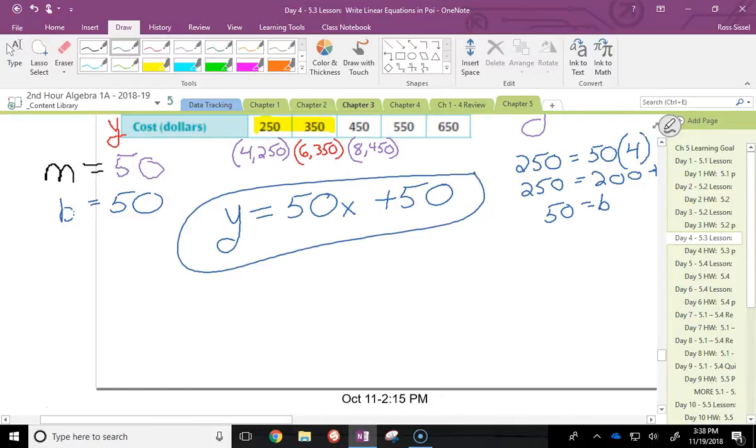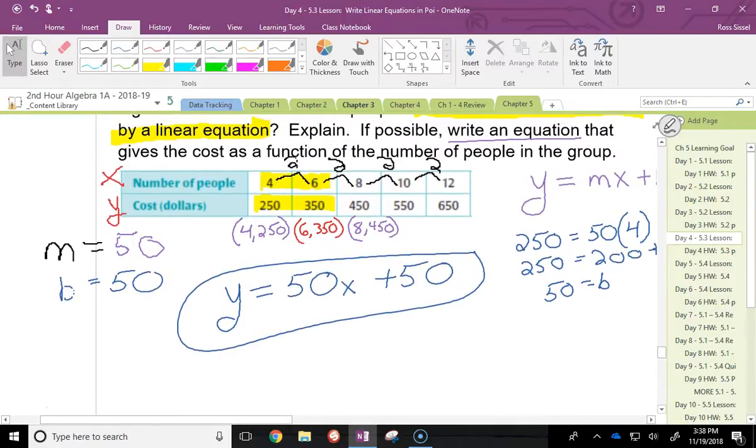And what is that going to stand for when it says write an equation that gives the cost as a function of the number of people in the group? What is happening in this equation? Y is my cost. When I add people in, for every person in my group, it's going to cost me $50. 50 times x. X is how many people we have.